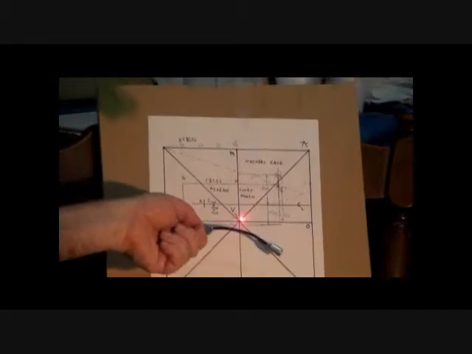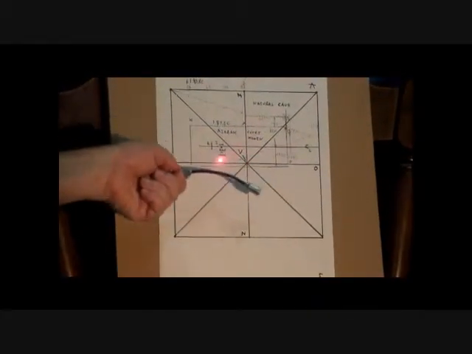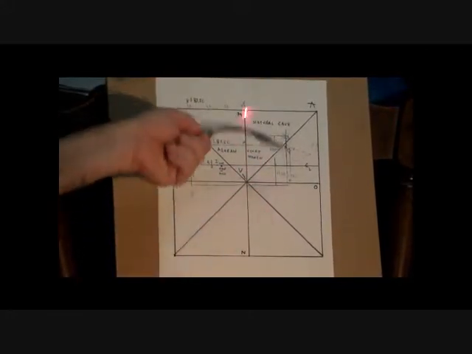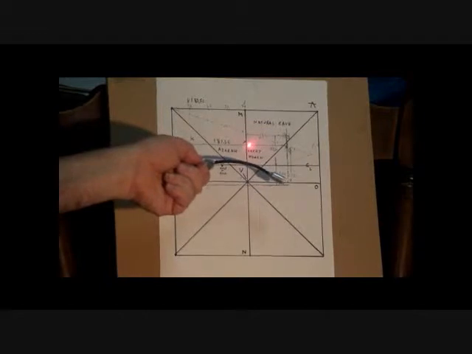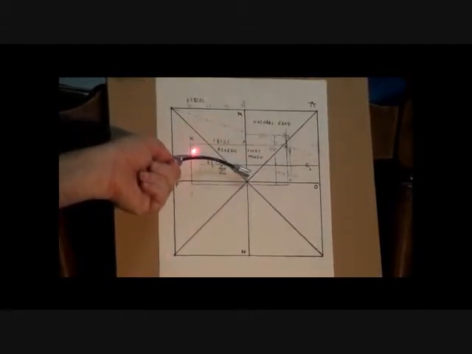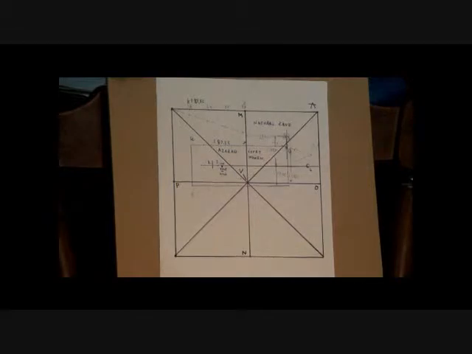If we drop down, we have 135 cubits. So we have a rectangle formed from the halfway line. That's 187.5 cubits from east to west, and 135 cubits from north to south. Now, as we go through this, you'll see that they don't use half cubits.